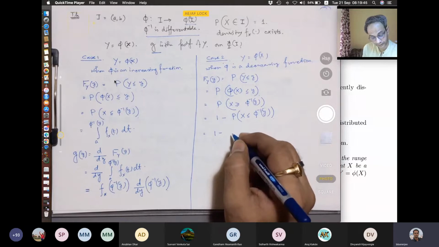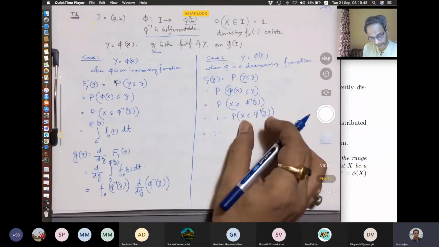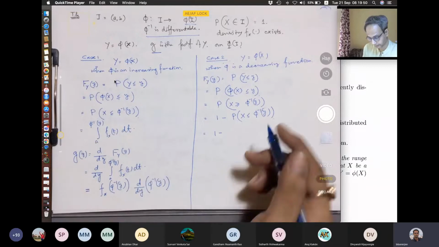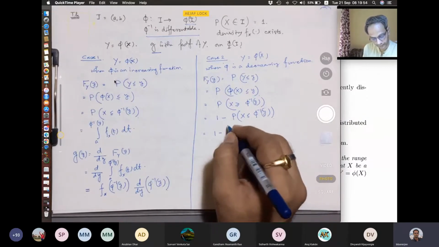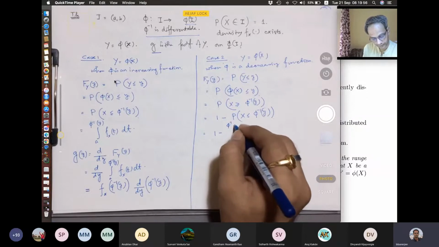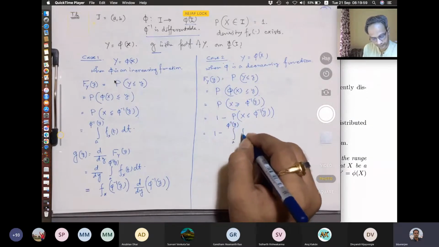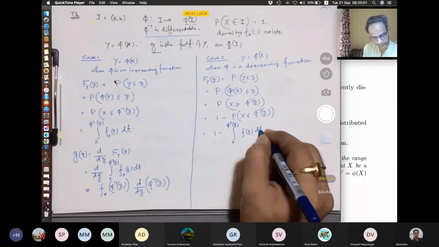Then this quantity again I can express in this form. So this is again the integral from a to phi inverse y of f(t) dt.